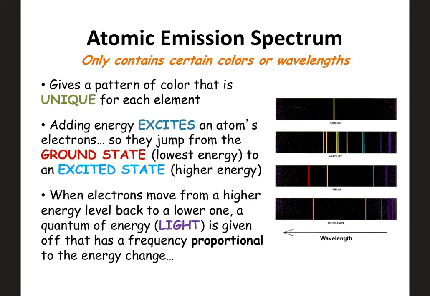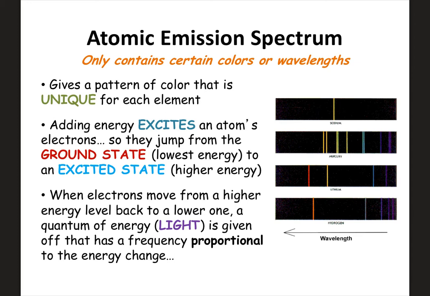Just to recap, if you have an atom, you excite it, you give it energy, the electrons go up to a higher energy level, and just as fast as that happens, they drop back down, and in the process, they give off energy, and some of that energy is in the visible light region that we can see. So they get excited, they jump up, they fall, and they give off energy in the form of light.